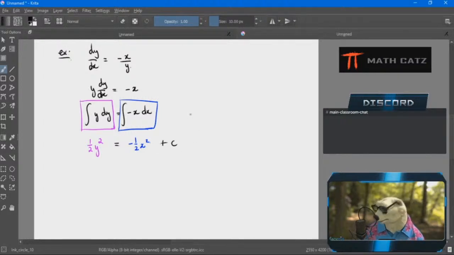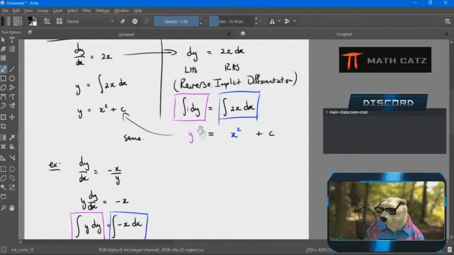So here, just like before, here I have my general solution. Now, what's often the case in very, very basic differential equations with just x's, my general solution is going to be written in function form with y equal to something in x.